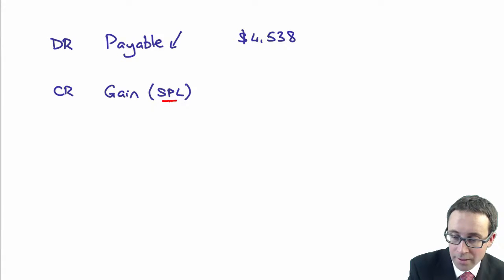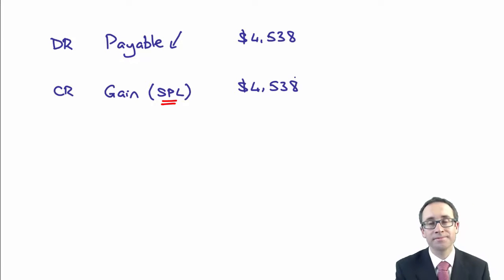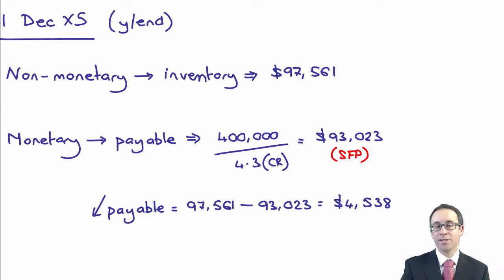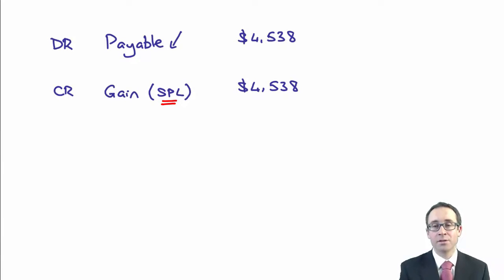Because credits are good in the statement of profit or loss at 4538. Okay. So on the statement of financial position, I think it's important that you recognize that you have a liability of 93023. And then in the statement of profit or loss, you have a gain. Okay. Again, that could be one of those type of questions with a drop-down list, whereby you have to determine whether it is a gain or a loss at the end of the year and input the journal entry or input the number as well.